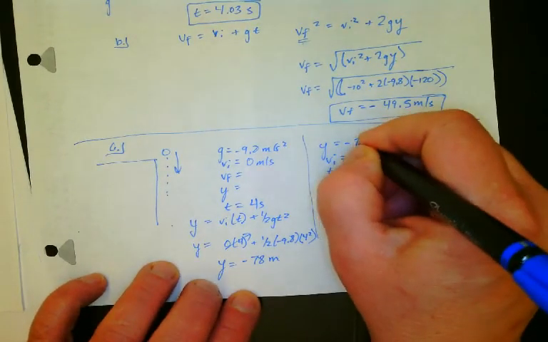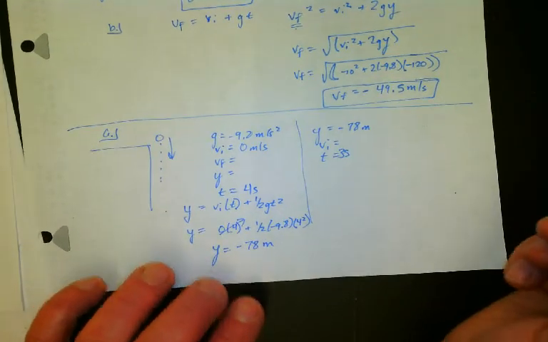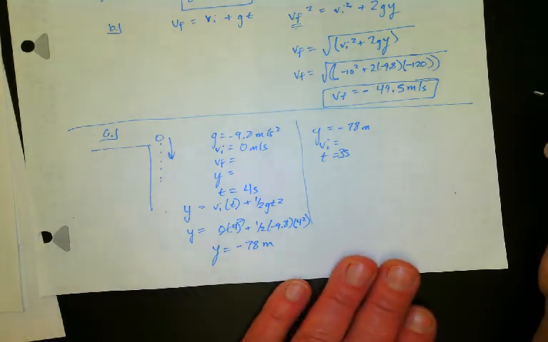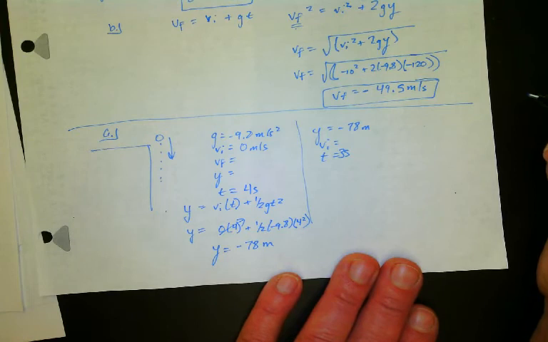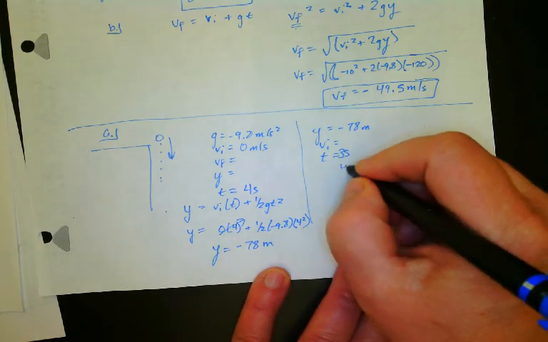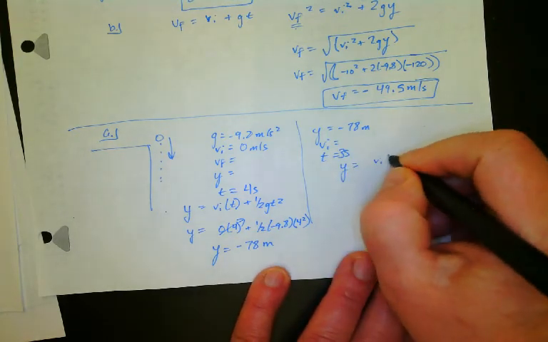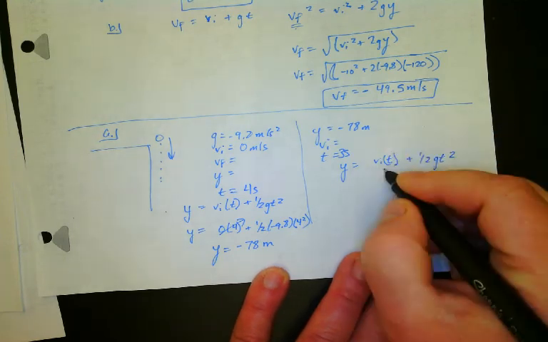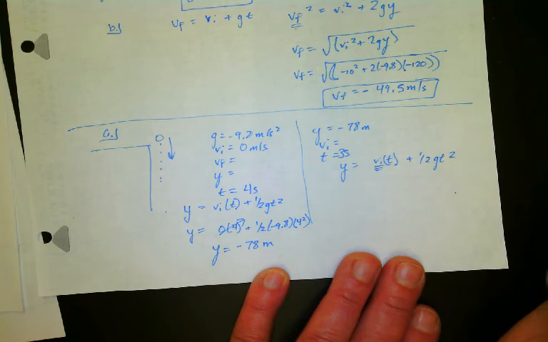So then we'll transfer that over here. And then what can I use to figure out the VI here? We're going to use the same equation. I use the same equation, I just moved it around. Okay, so we're going to solve for VI.